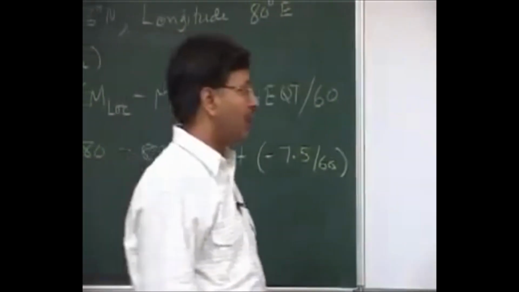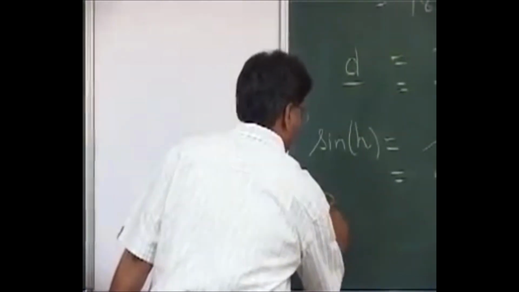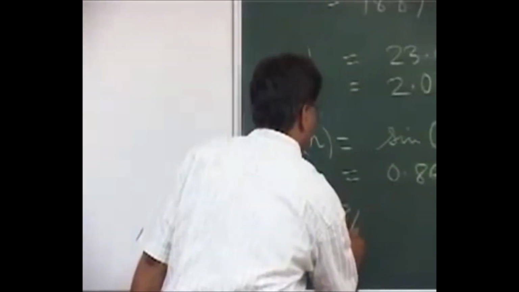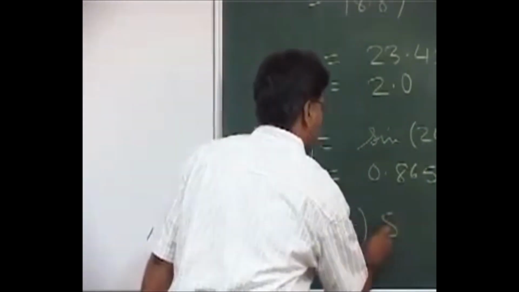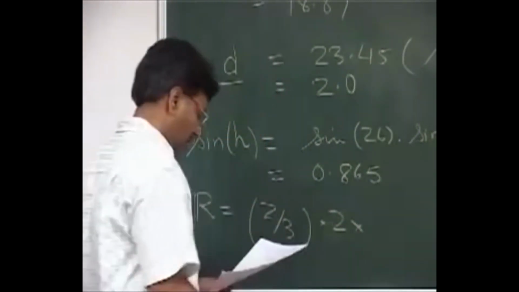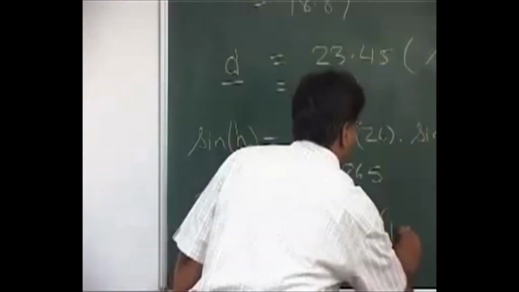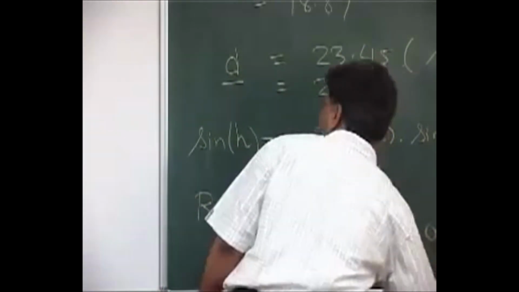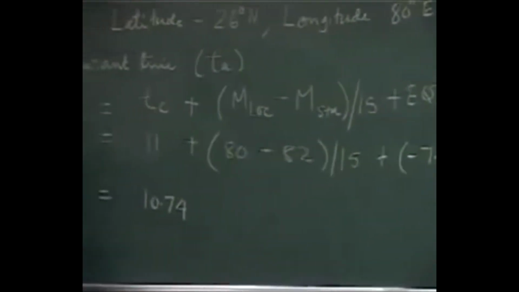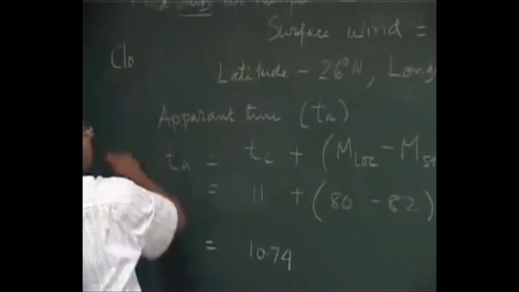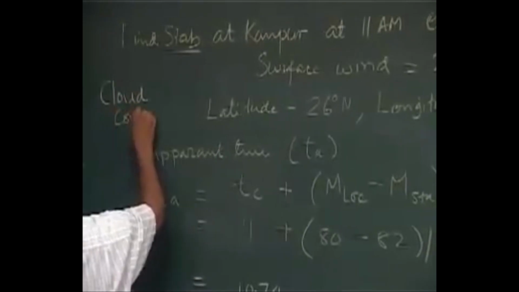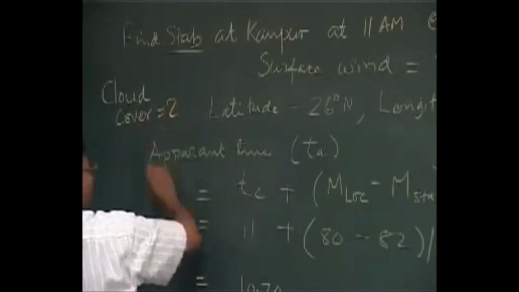Finally I am all set to find out R: 2 by 3 times the solar constant S, times 1 minus 0.8 times cloud cover. I just took hypothetically that cloud cover is 2. You can take any number. Maybe in the morning it was a little cloudy, so I took this as 2.